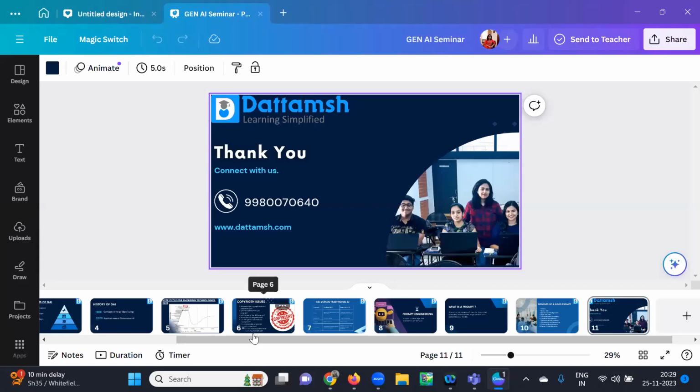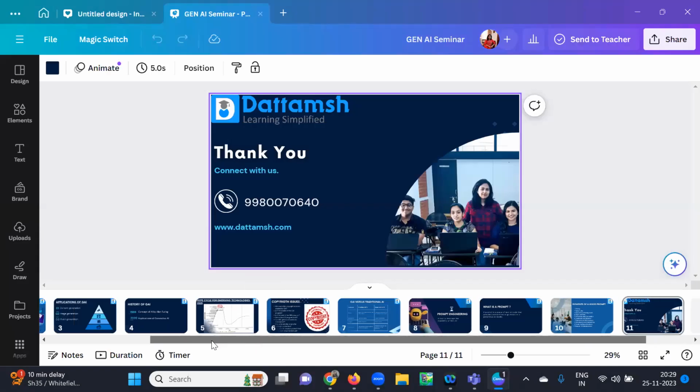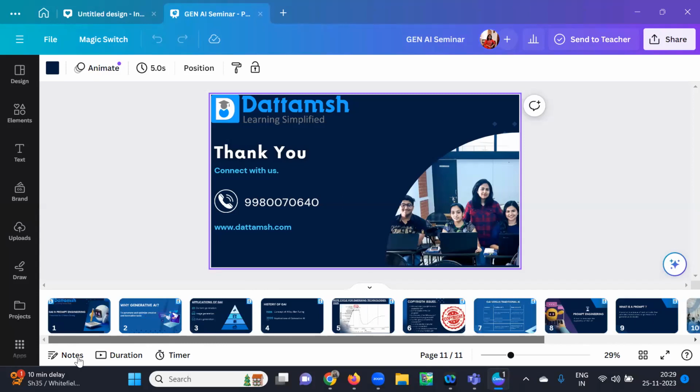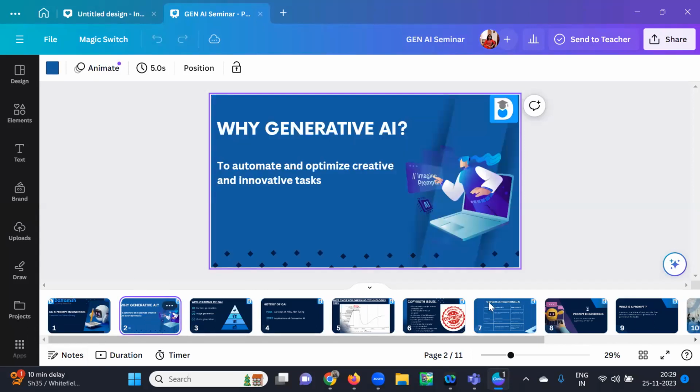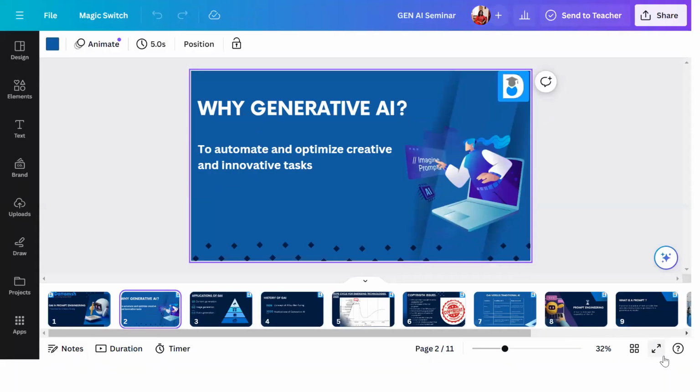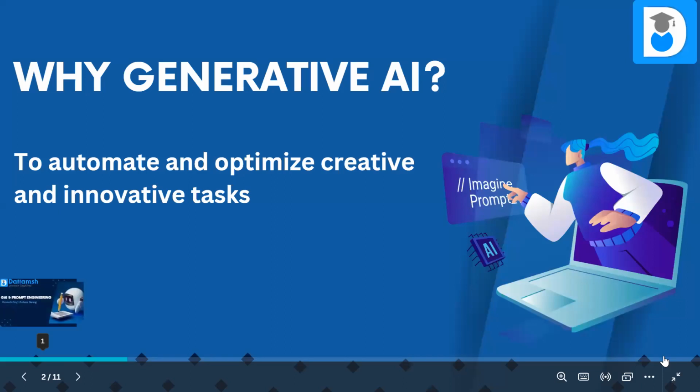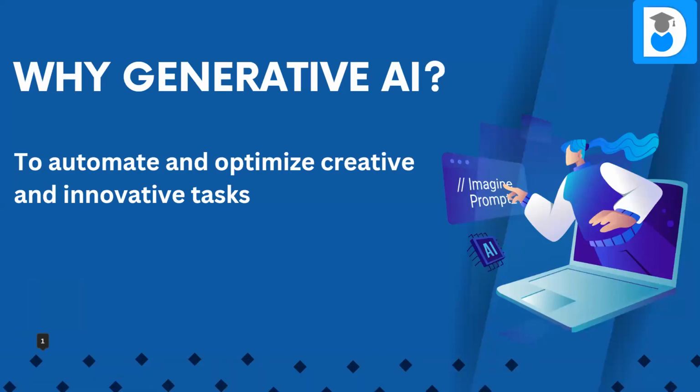So that was just a short presentation on generative AI. I would like to clearly show the difference: why generative AI? Because it helps automate and optimize creative and innovative tasks. So many people fear the content writer's job will be gone, the creative image graphic designers' jobs will be gone.